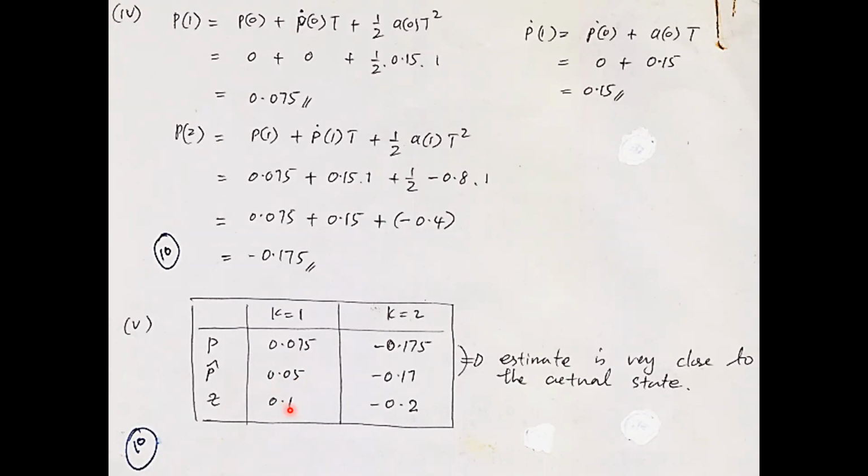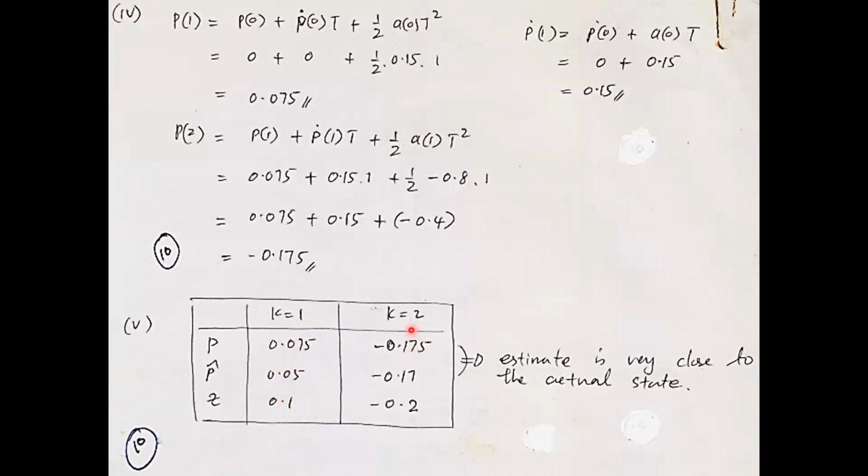The sensor value is higher than the actual value, and the prediction is lower, but they are equally apart. We can't say whether the sensor is better or the prediction is better.